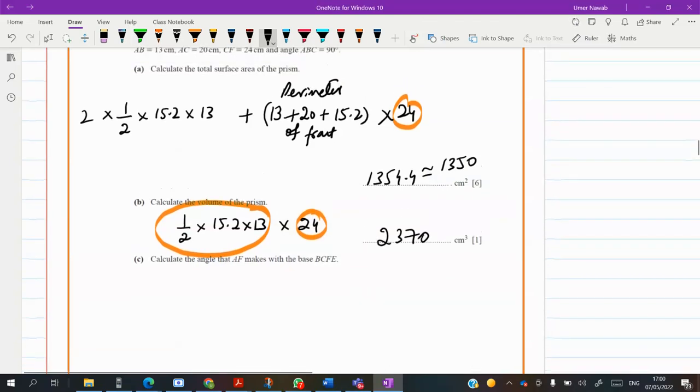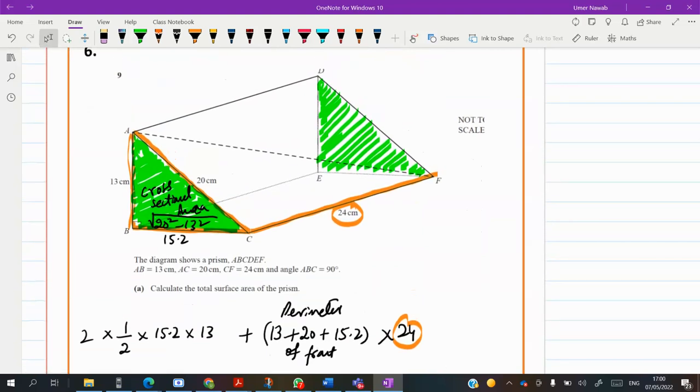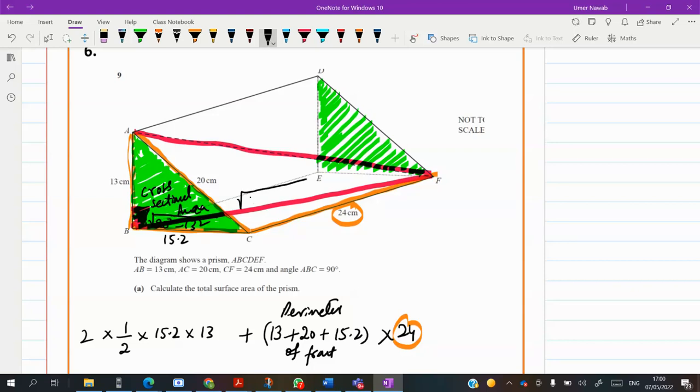Angle AF. The projection of AF on the plane is this, and this is a right angle triangle. Use Pythagoras. So 15.2 squared plus 24 squared.